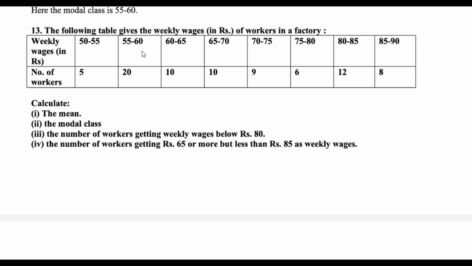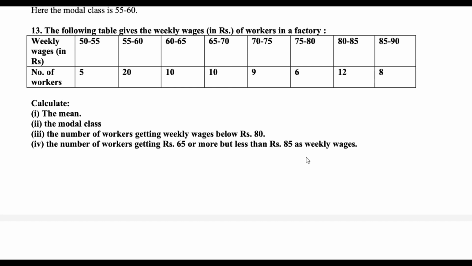The following table gives the weekly wages in rupees of workers in a factory. See, weekly wages in rupees and number of workers are given there. Calculate the mean, modal class, the number of workers getting weekly wages below 80, and the number of workers getting rupees 65 or more but less than 85 as weekly wages.